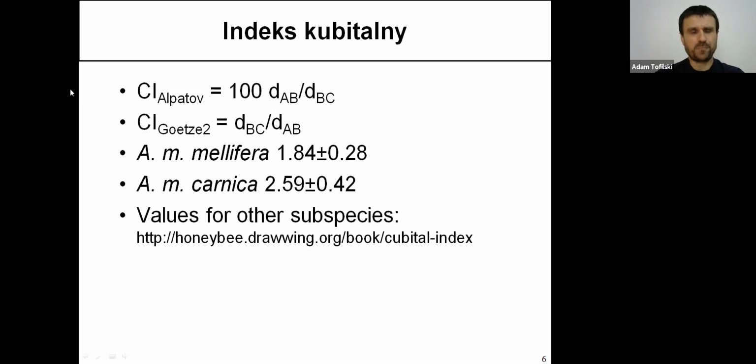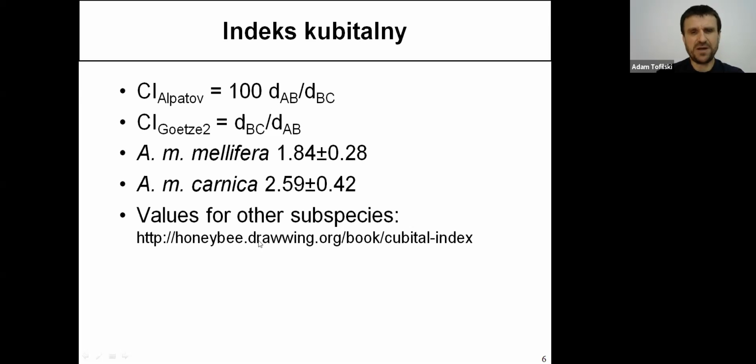a percentage of vein length. And then in Germany, Goetze changed this to a fraction, and we now usually use this definition of Goetze. In the case of Mellifera and Carnica, there is a big difference in cubital index. Mellifera has a smaller value, much smaller than Carnica, and probably Ligustica.